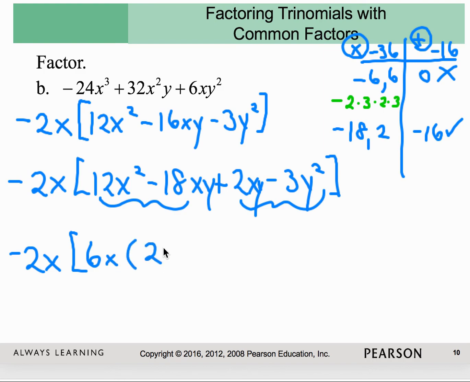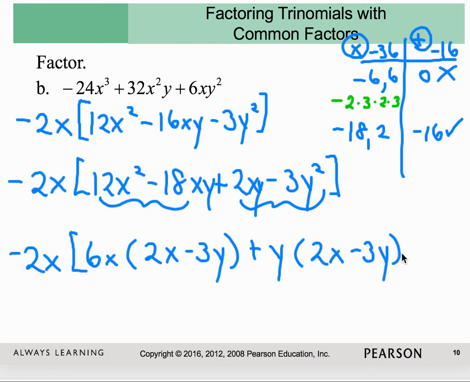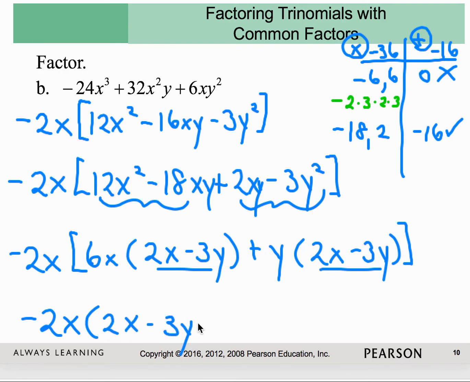That's going to leave 2x minus 3y. Plus sign, so no worries. And here I can factor out the y, and that's going to leave 2x minus 3y, which is now another common factor. So bring it out to the front with the other factor you found in the beginning.